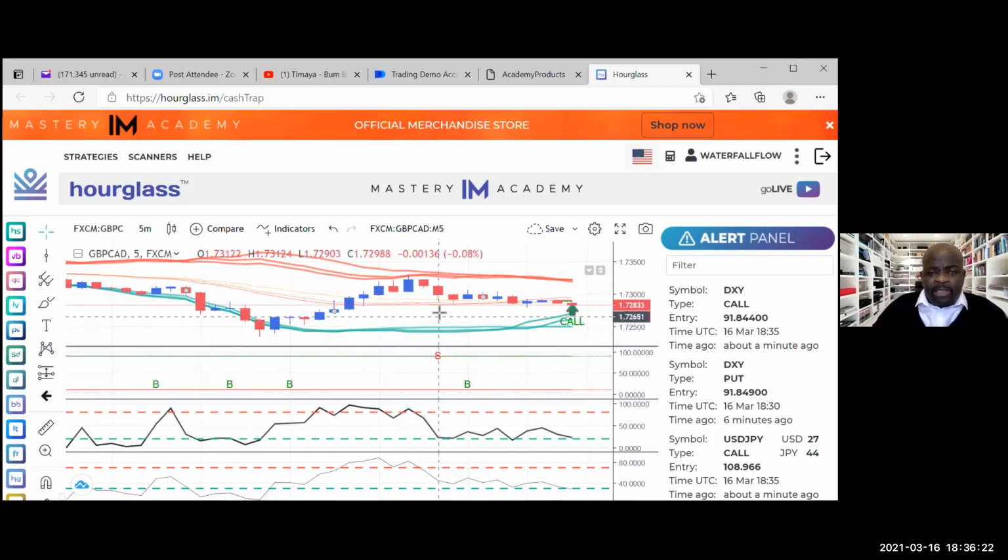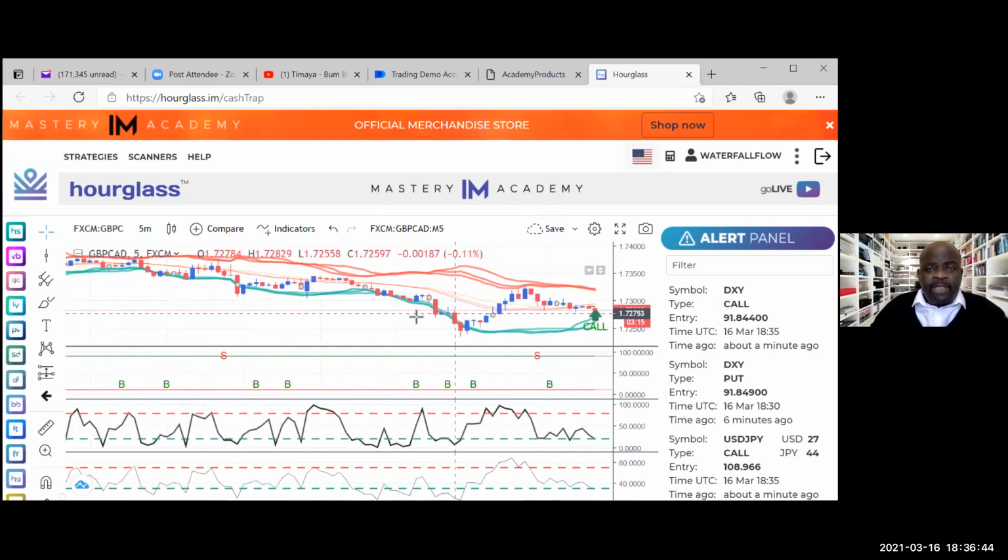So if we had time, I could have changed it to black. That line, you can see that the price is just playing around that line. So it may act as a support or sometimes as a resistance. But those are things that you're going to learn a bit later.